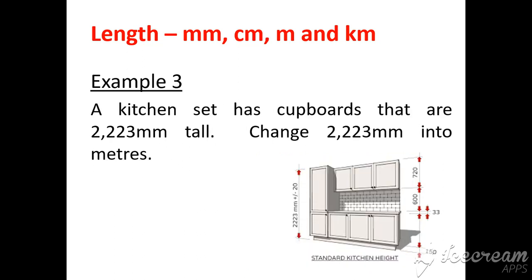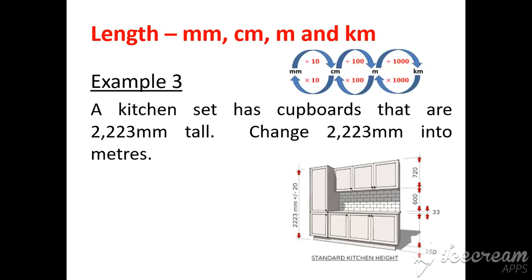Right, what about this? A kitchen set has cupboards that are 2,223 millimeters tall. We're going to change 2,223 millimeters into meters. So once again, here's our flow diagram up the top here, and we're converting millimeters to meters.